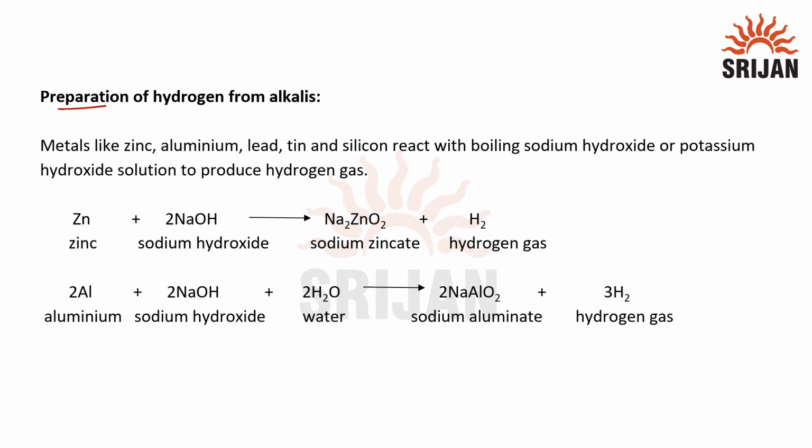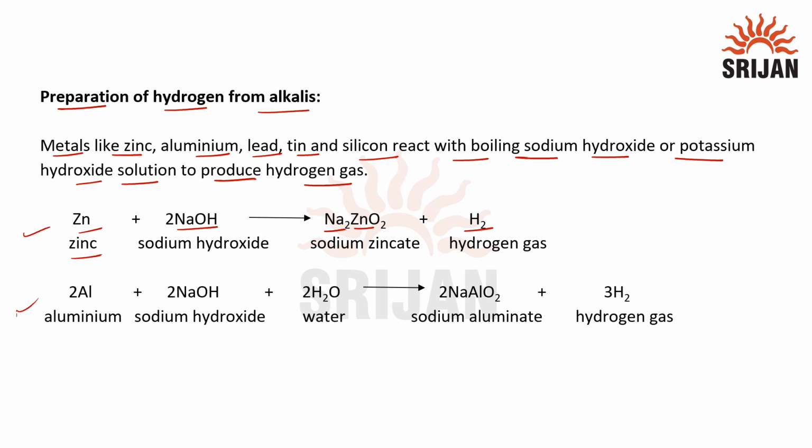Next we have preparation of hydrogen from alkalis. Metals like zinc, aluminium, lead, tin and silicon react with boiling sodium hydroxide or potassium hydroxide solution to produce hydrogen gas. Here we have the reactions. Zn plus 2NaOH gives Na2ZnO2 plus H2.